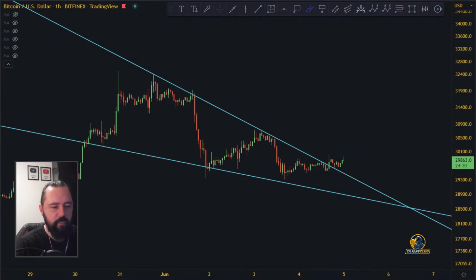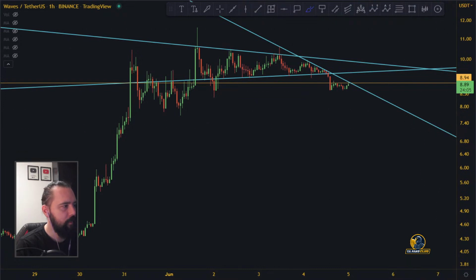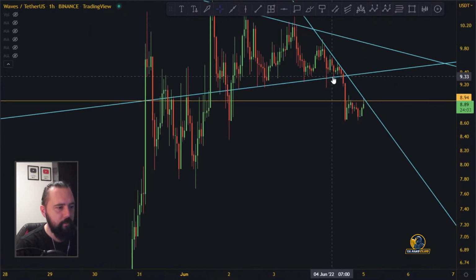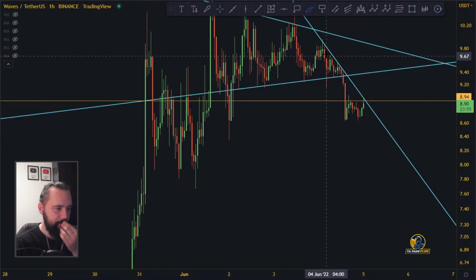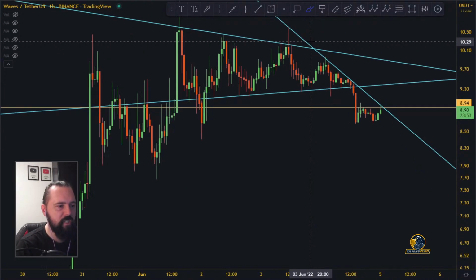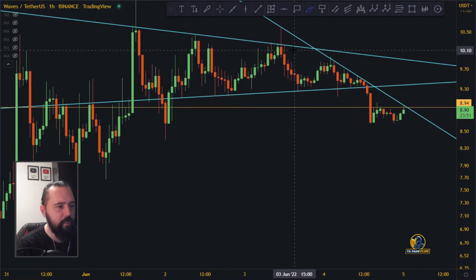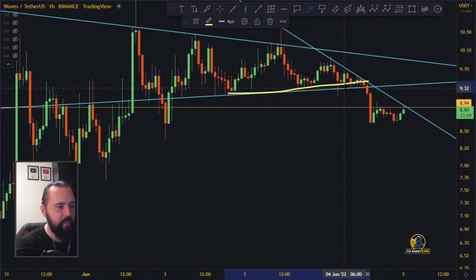So let me show you another line over here, on waves, for example, and you'll see up here, when you have an important line, the break of that line gives you a very important move, right? So some lines are more important than other ones. Maybe there was some kind of line up here where we actually broke a little bit towards the downside.